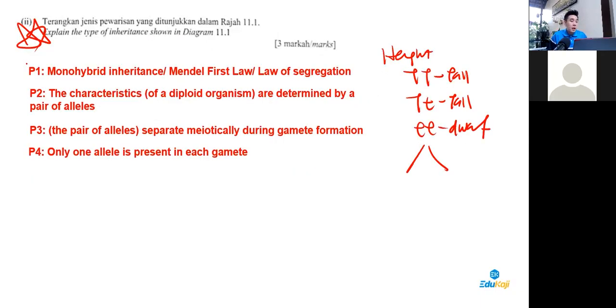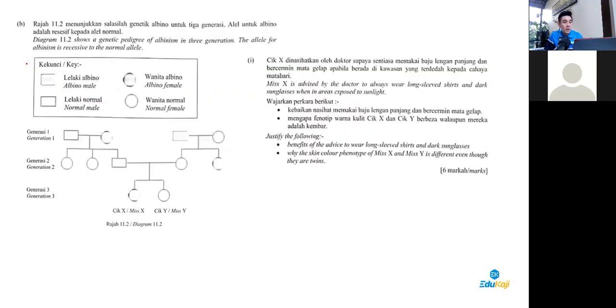Okay, next, albino. Guys, if you need to, you can always pause and copy. So here we're looking at albinism, still not a sex-linked disease. In fact, albino is a gene mutation whereby it has undergone base deletion.